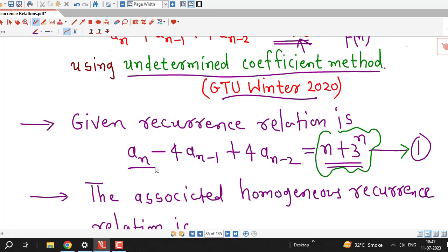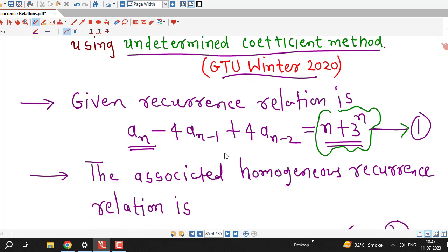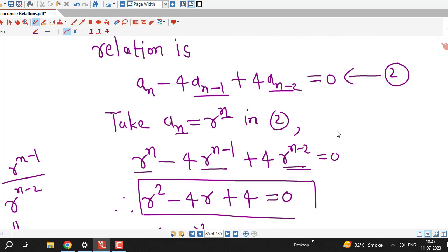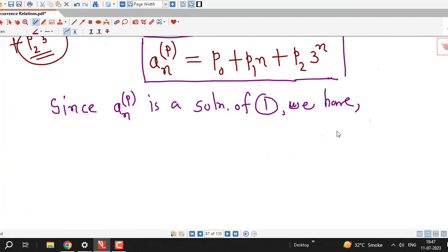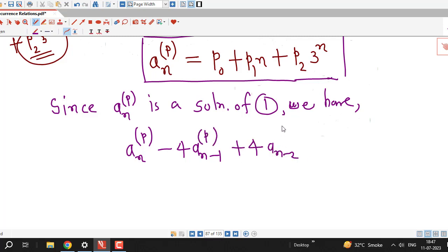So here I will consider a_n^p, then a_n^p minus 4 into a_{n-1}^p plus 4 into a_{n-2}^p equal to n plus 3 raised to n.